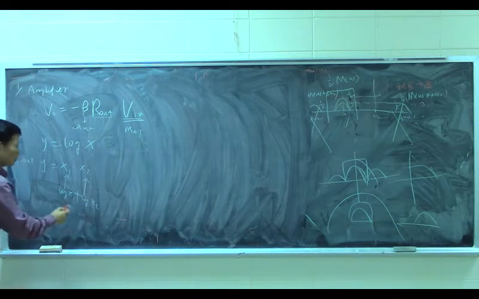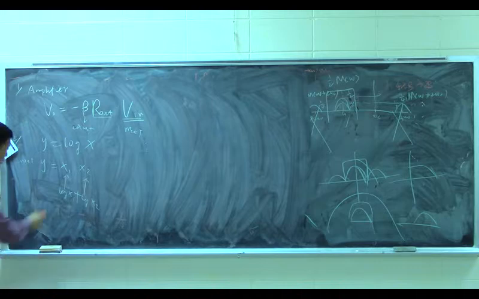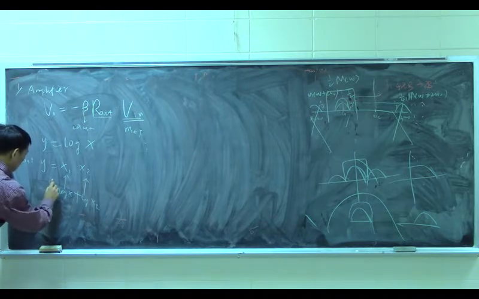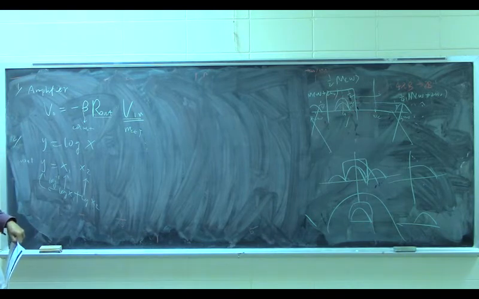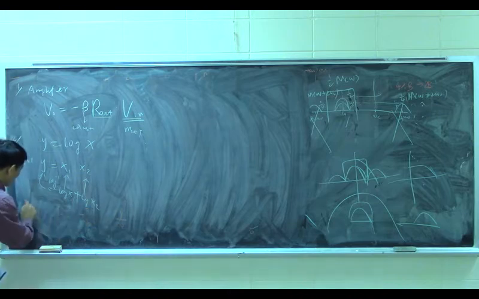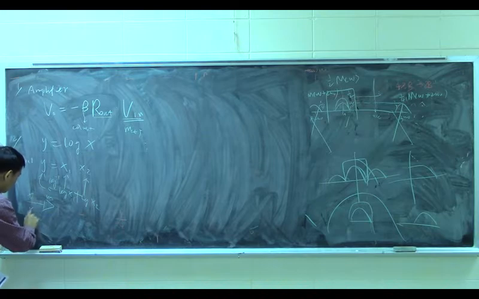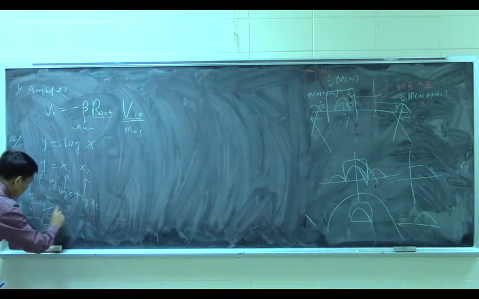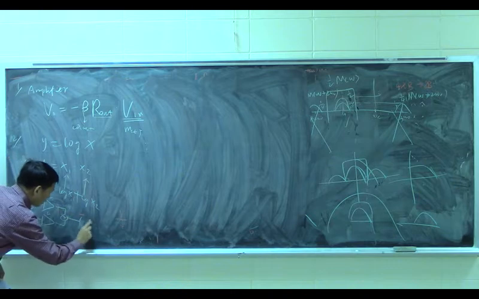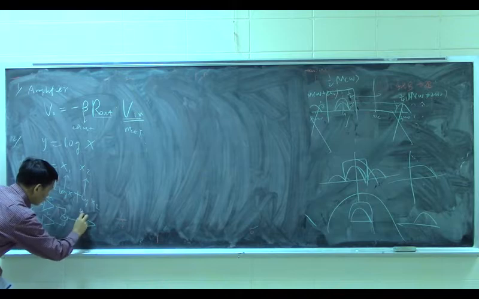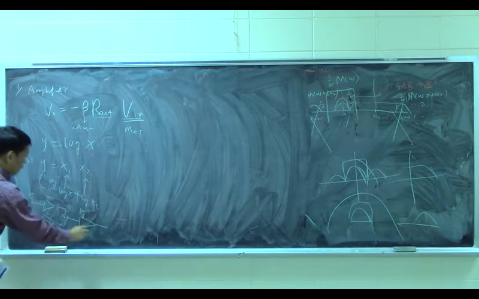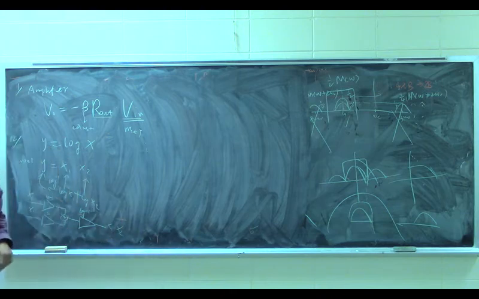Once we get this, we use an anti-log: log, then anti-log. So the diagram will be: you have x1 here, you take the log, you have x2 here, and you take the log, these two add up together, then you use an amplifier which is an anti-log, log to the power of minus 1. Then you get x1 times x2. So that's the second method.